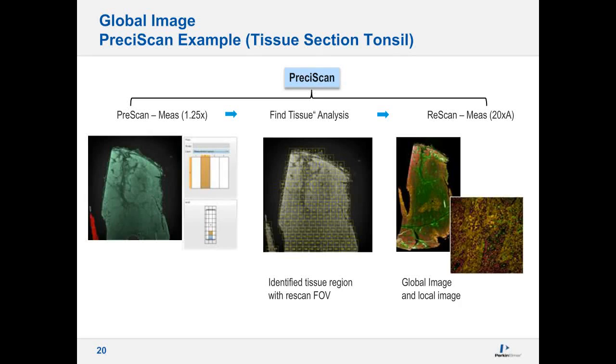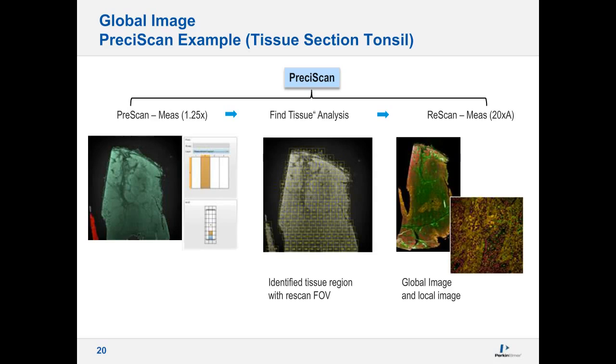So an example of this is a tissue section from a tonsil. So again, with the pre-scan, we can identify where the tonsil actually resides on the slide. We can use that as shown here and here, and then we can identify the tissue regions.